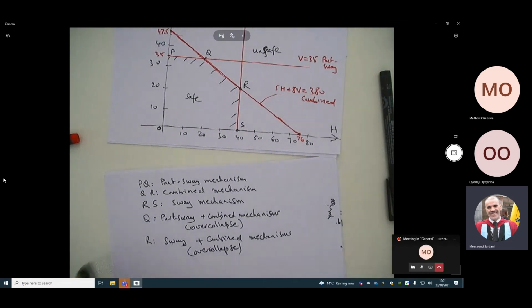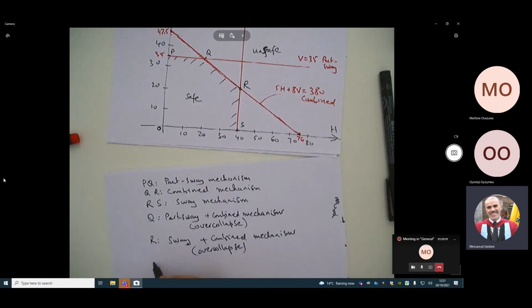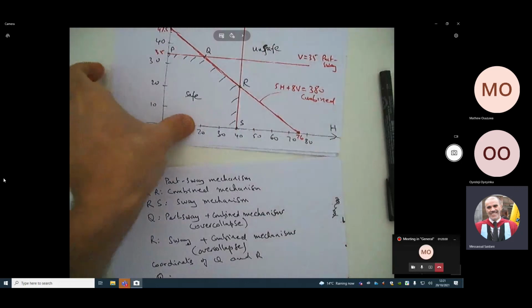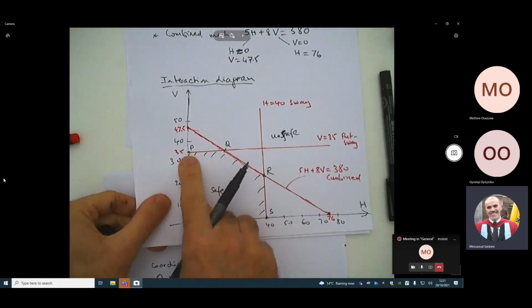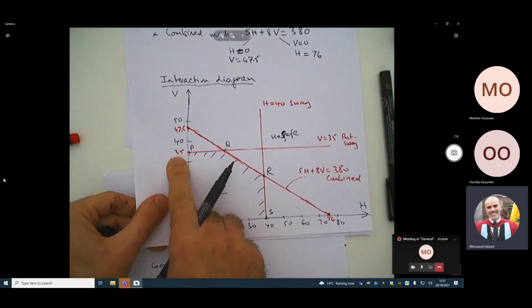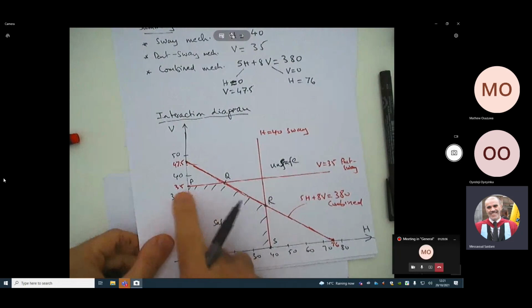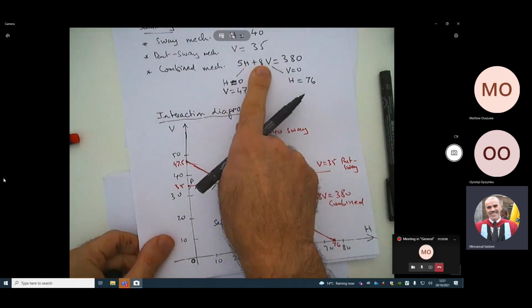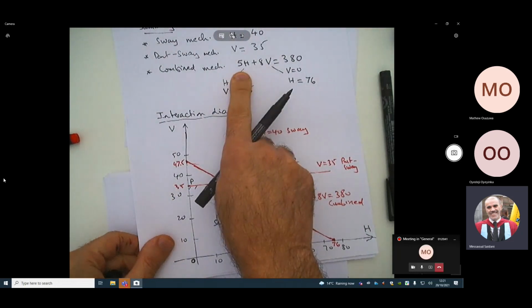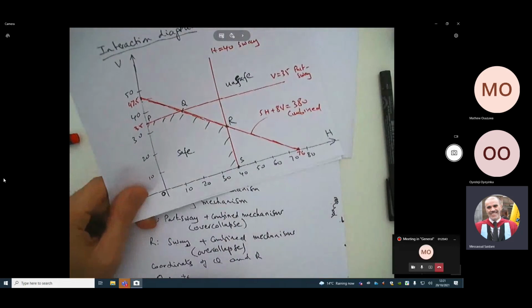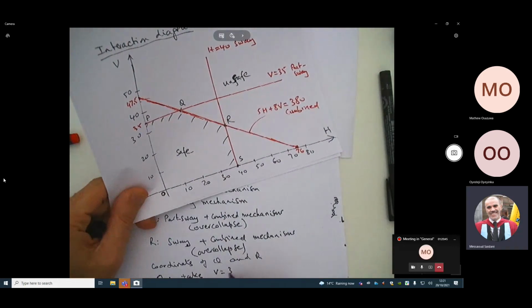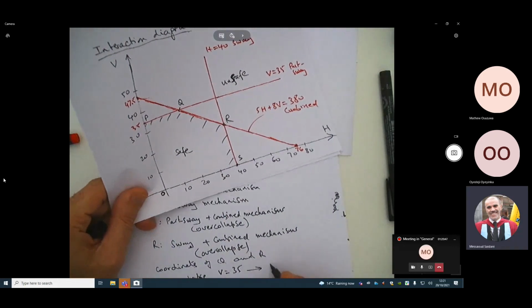If you want the coordinates of Q and R, it's easy. For Q, you can see that V is 35. So you take V equals 35 and put it into the equation.